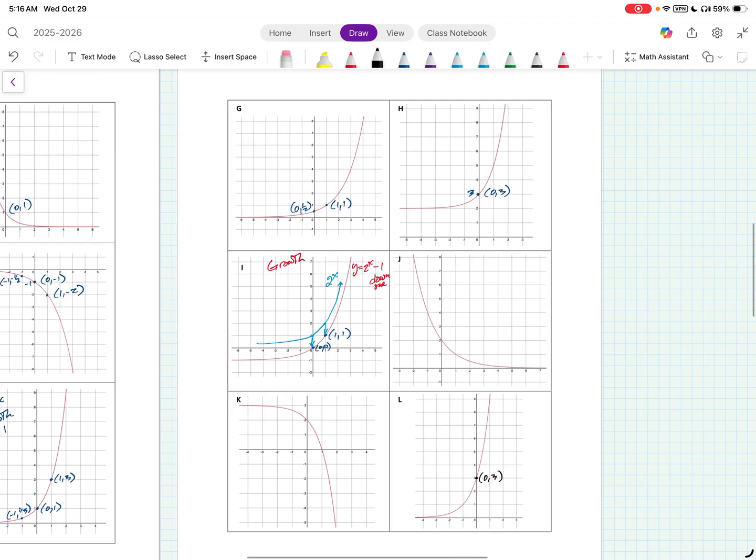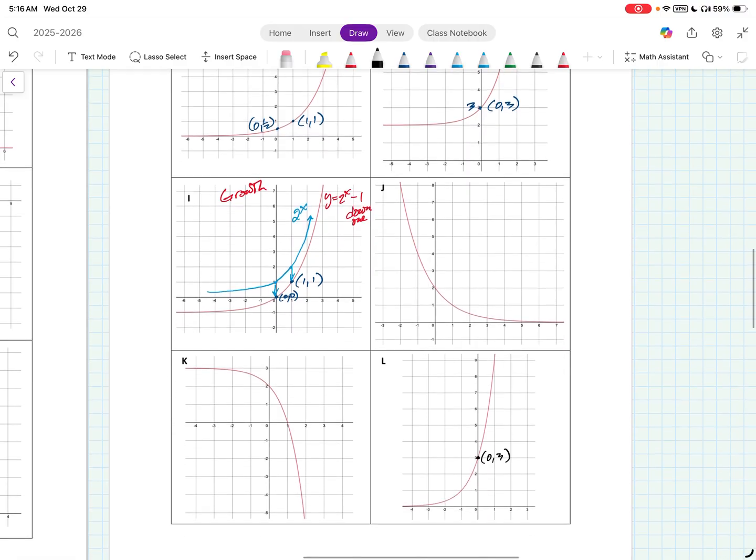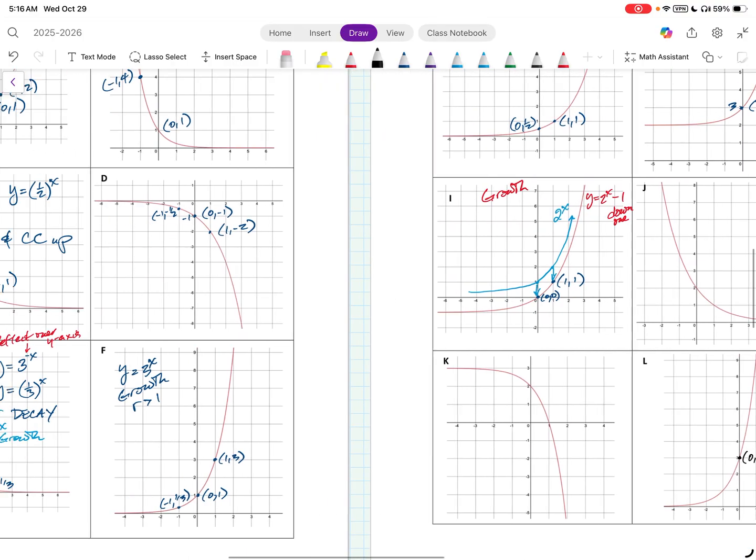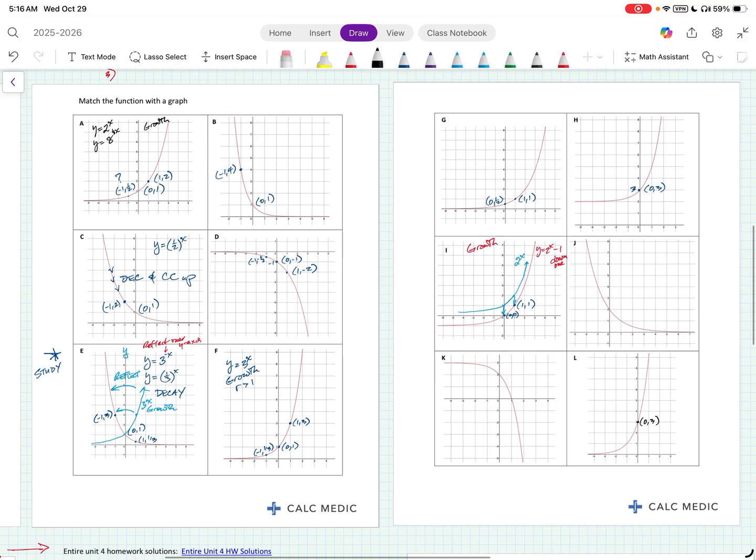Let's look over here. Where is it? It's not on here. Check it out.